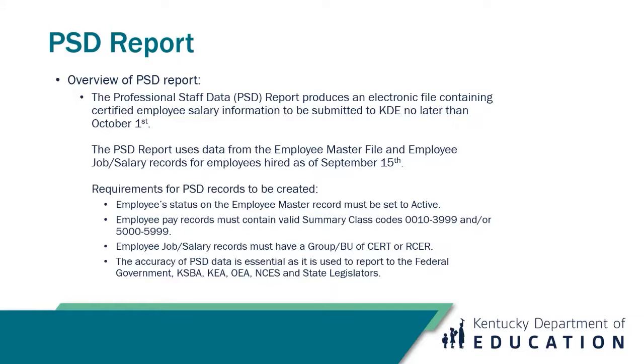And employee job salary records must have a group BU of CERT or RCER. The accuracy of PSD data is essential as it is used to report to the federal government, KSBA, KEA, OEA, NCES, and state legislators. That was a mouthful, but we got through it.